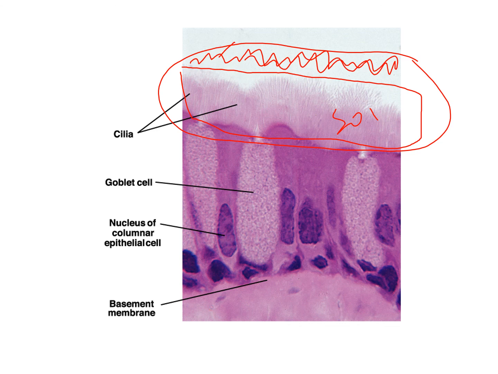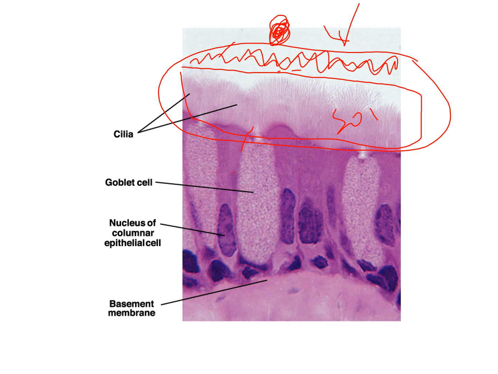It's the sol layer that's thin and watery that allows these cilia to move freely, and the very tips of the cilia strike the gel layer that's thicker and more viscous and traps all the particles. Let's say here is a nice good dust particle, right? It traps it and then allows it to move along.